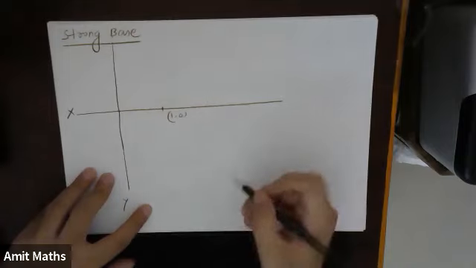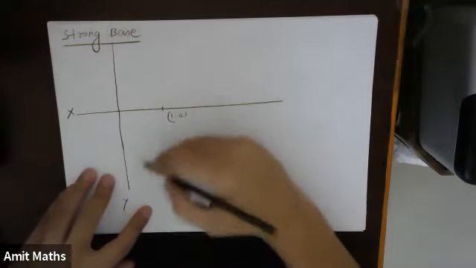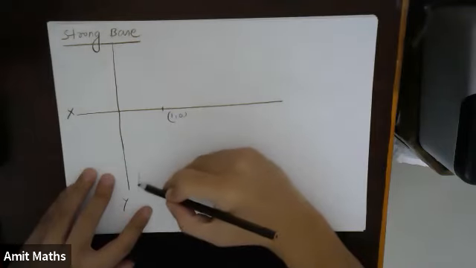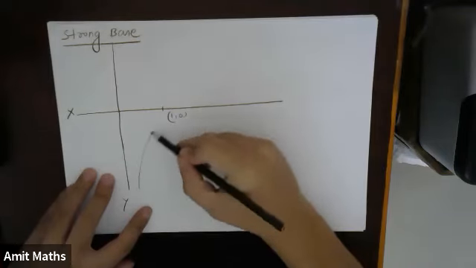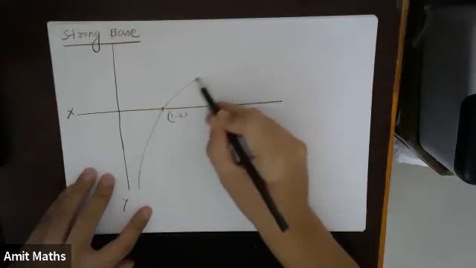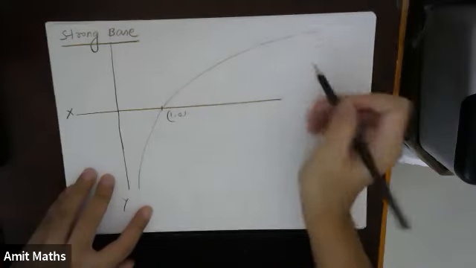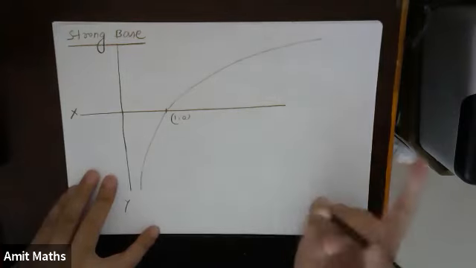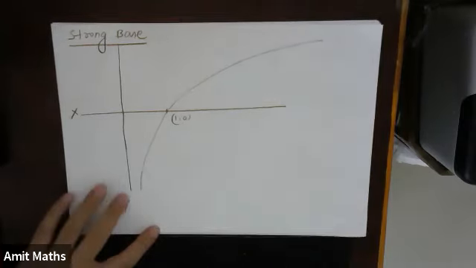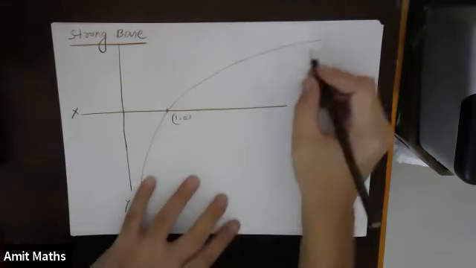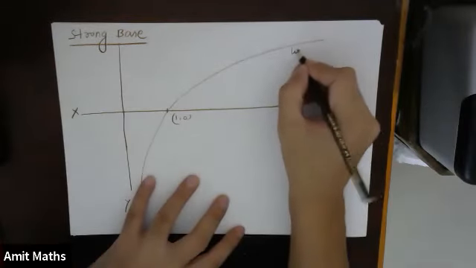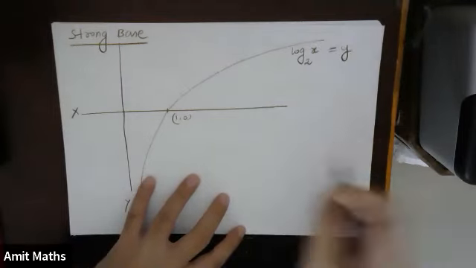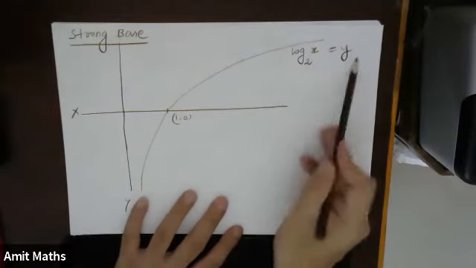For a strong base, the log function will look something like this. For example, if I take log base 2 of x is equal to y.